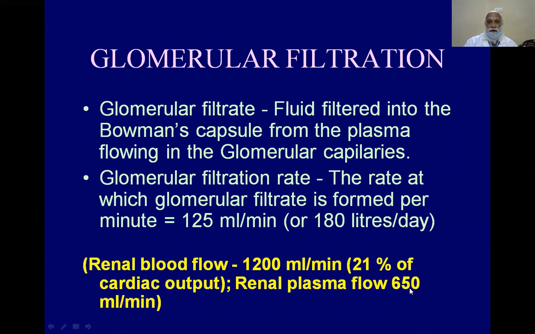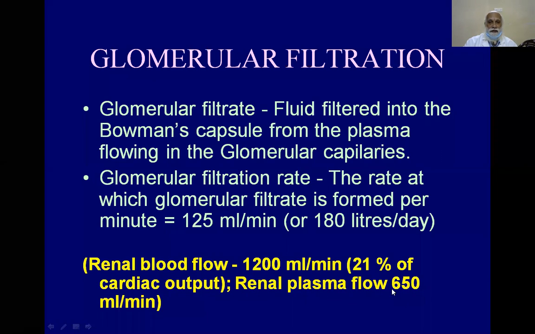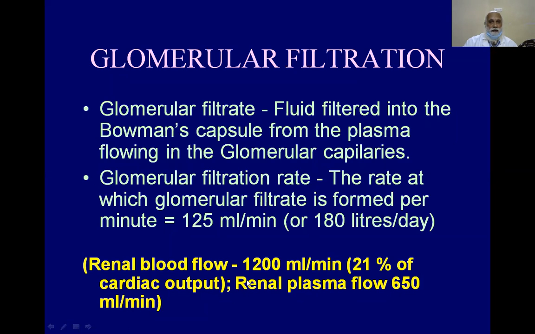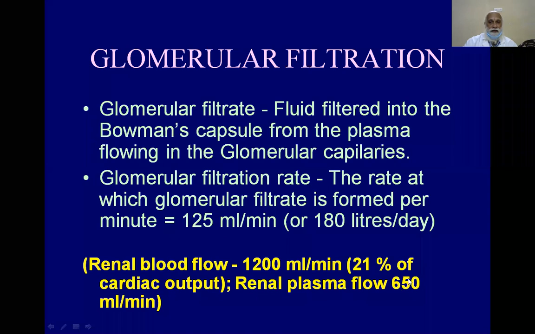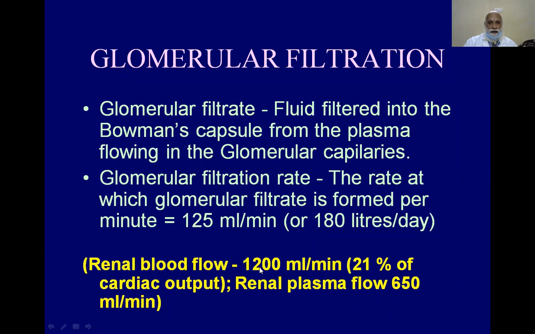So renal plasma flow is 650 ml per minute. Out of this 1200 ml, which is blood, flowing in the renal circulation, you will say 650 ml of plasma is flowing through the two kidneys.